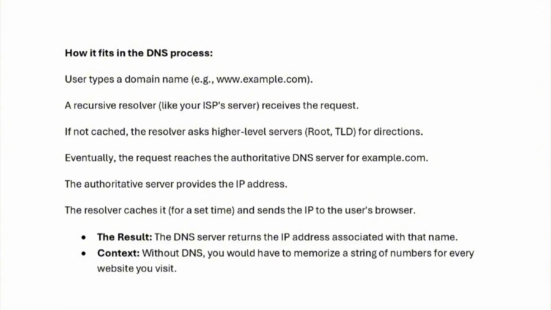Context. Without DNS, you would have to memorize a string of numbers for every website you visit. So what does context mean? If there was no concept of DNS, instead of typing google.com, you would have to put the actual IP address to get into that site, something like 192.128.8.2, and enter.